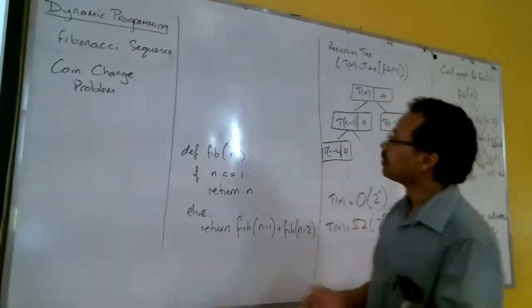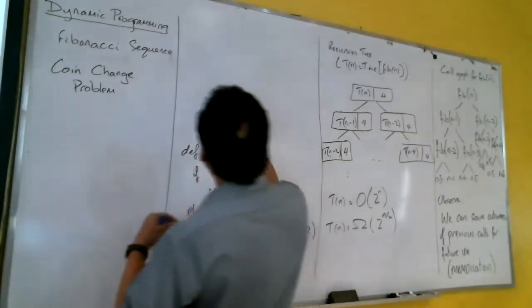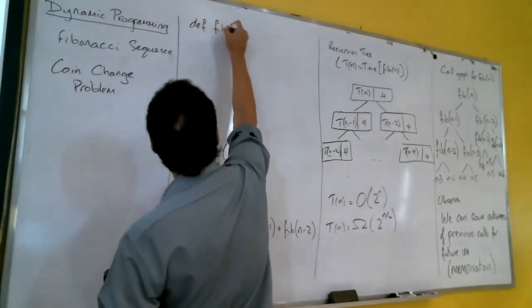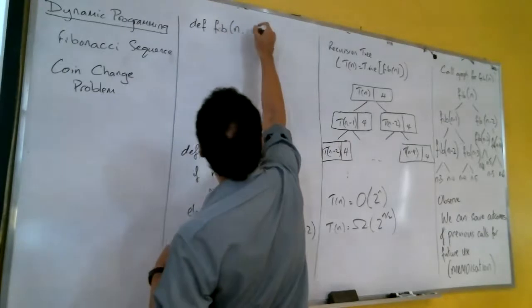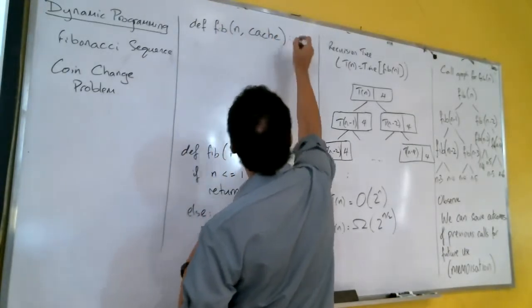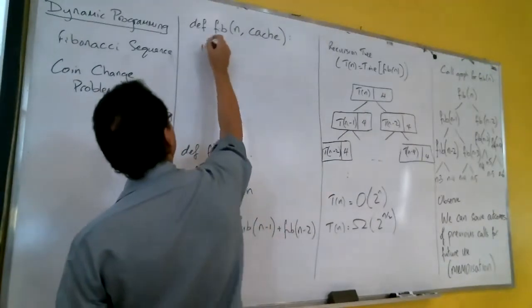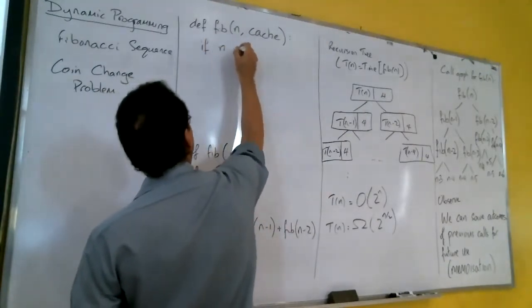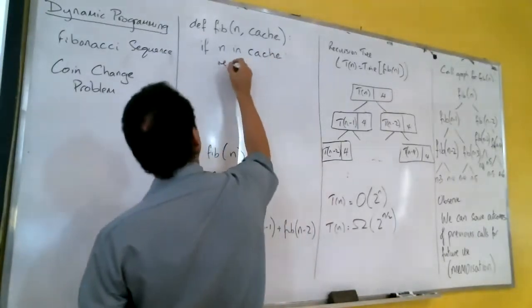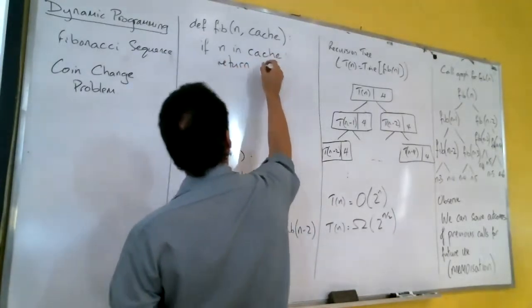Okay, so I'd probably do something like this. I might change my code to look like this. I'll take a cache as an argument. And the very first thing I'll do is check if n is in the cache, return the saved value.